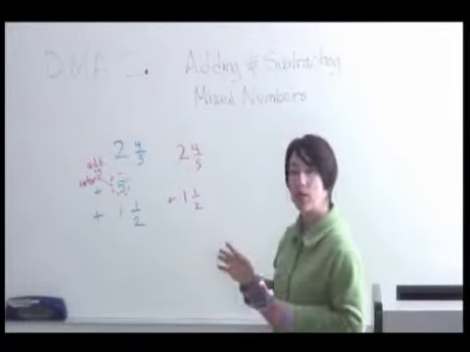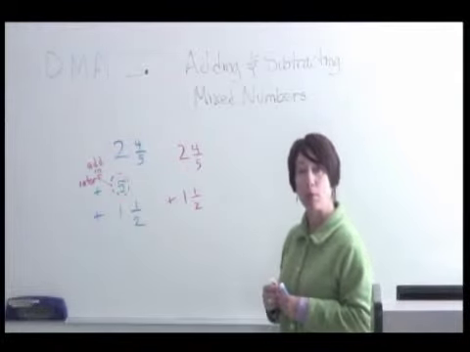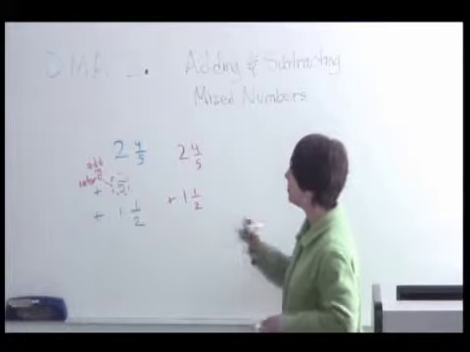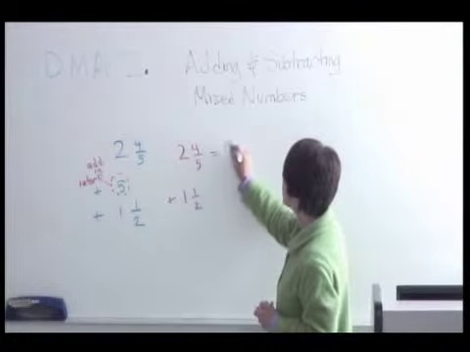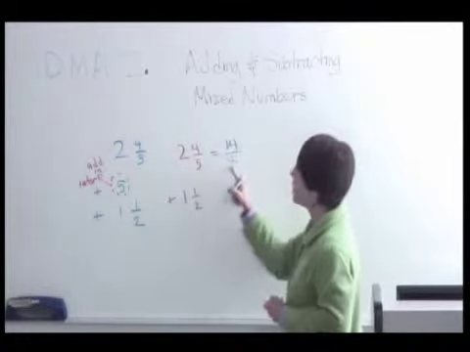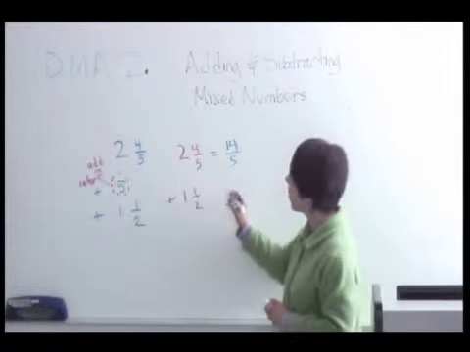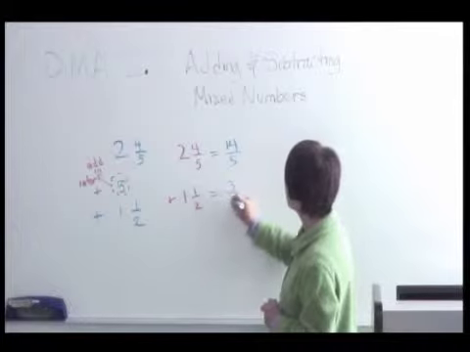Okay, so first I want to change my mixed numbers to improper fractions. 5 times 2 is 10, plus 4 is 14 over 5. Our denominator stays the same. 2 times 1 is 2, plus 1 is 3.